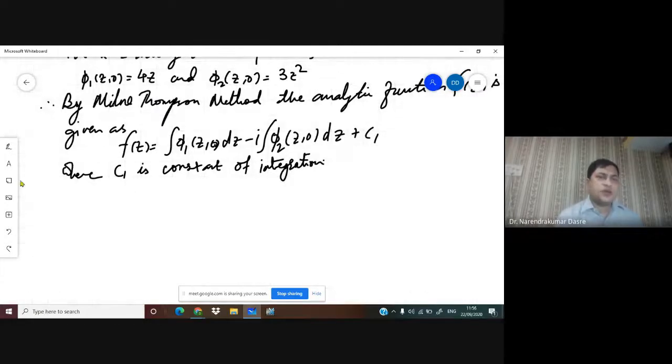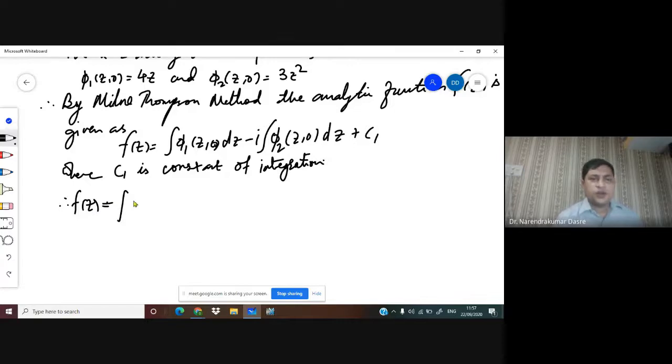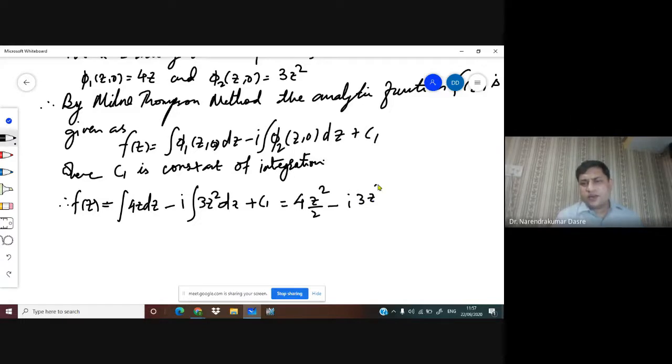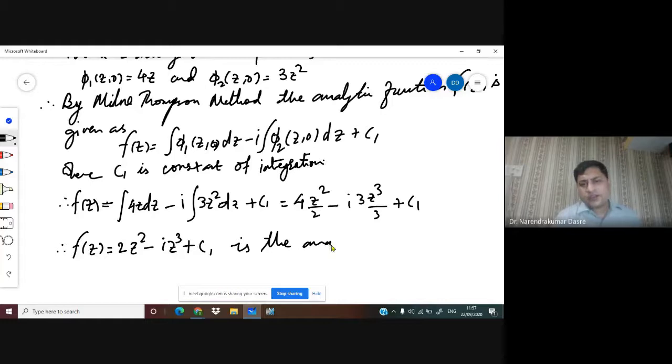And now put these values of phi1 and phi2. So we have f of z is equal to integration 4z dz minus i integration 3z square dz plus c1. Okay, so we can have this integration as 4z square by 2 minus i 3z cube by 3 plus c1. So we can write this as f of z is equal to 2z square minus iz cube plus c1 is the analytic function.